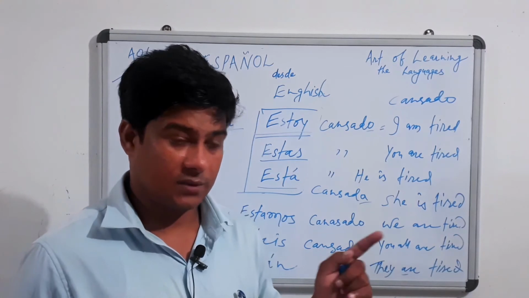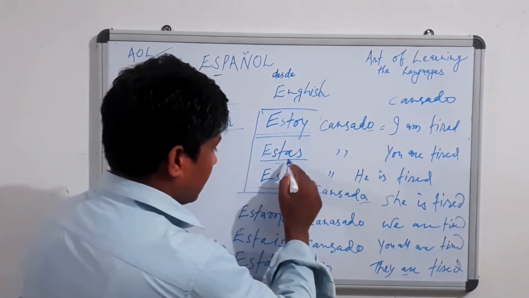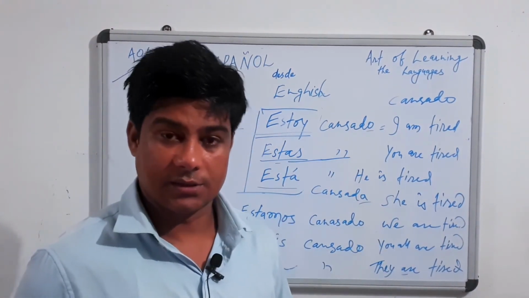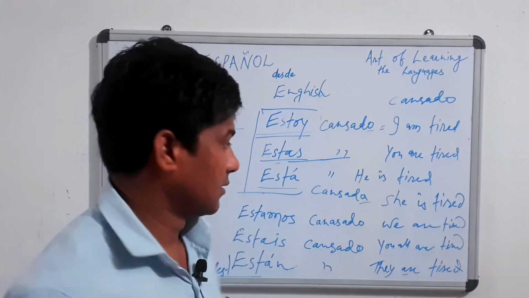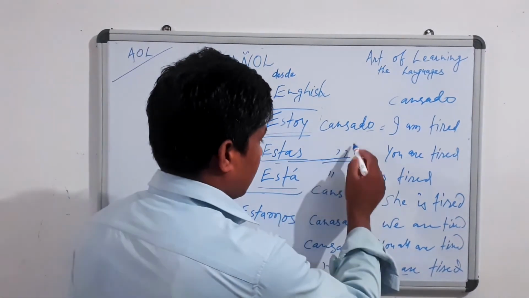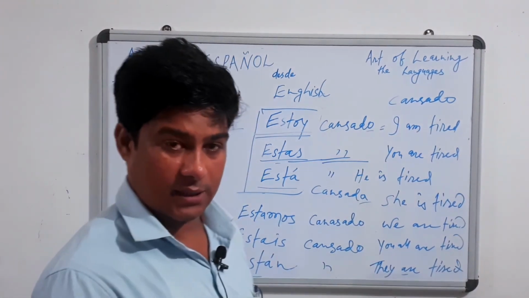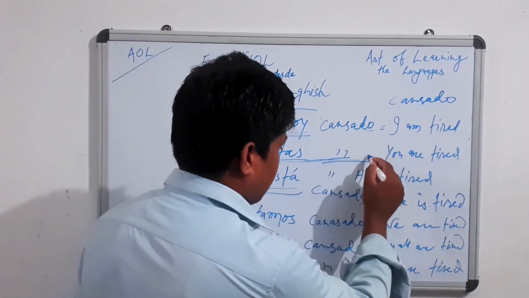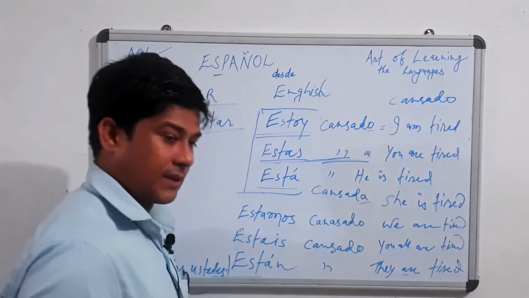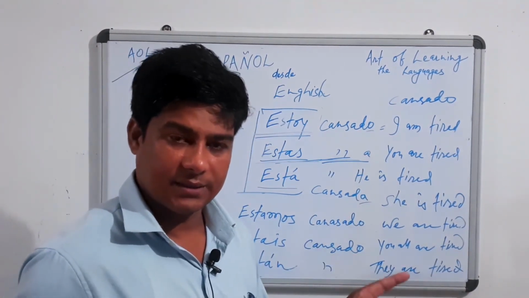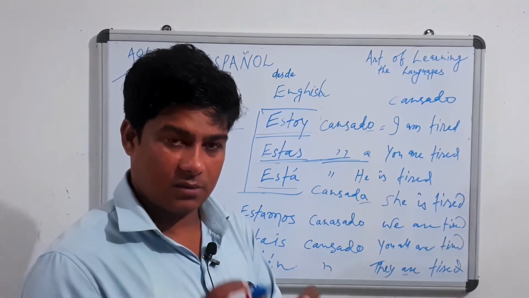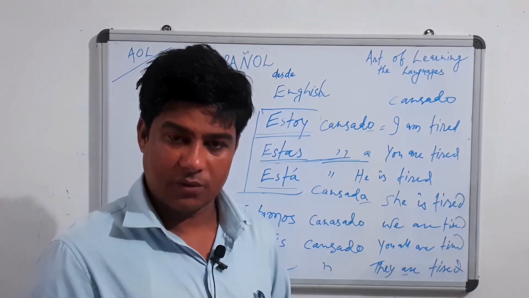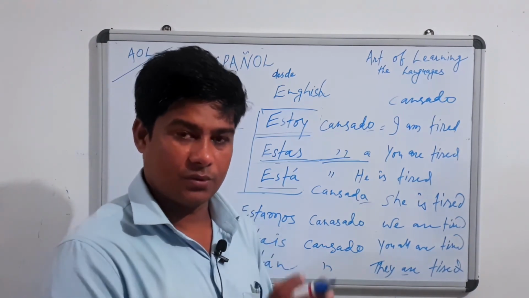But if you are talking with a girl, then you will use estás cansada. You are tired. If you are talking to a man, then you will say cansado. But if there is a girl and you are saying that you are tired, you will use estás cansada. Here we have to change O into A. That means you are tired. Only one thing, the pronunciation and the gender-based masculine and feminine word is very important to describe who you are talking with, right?